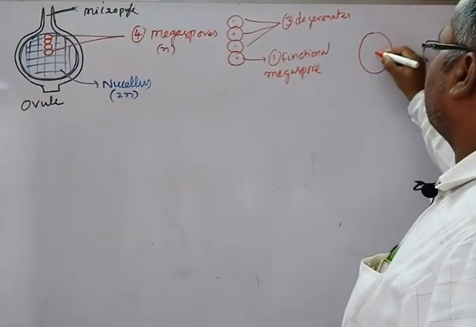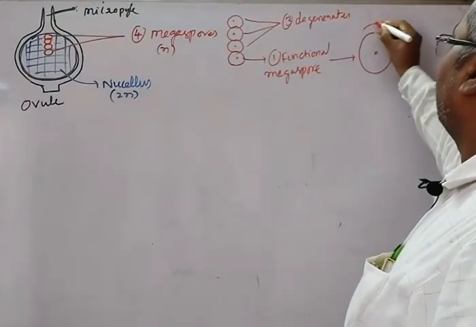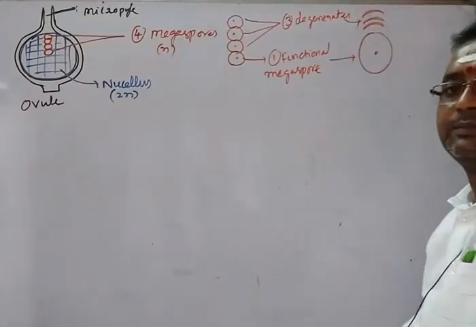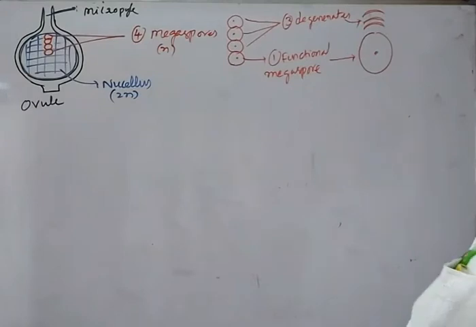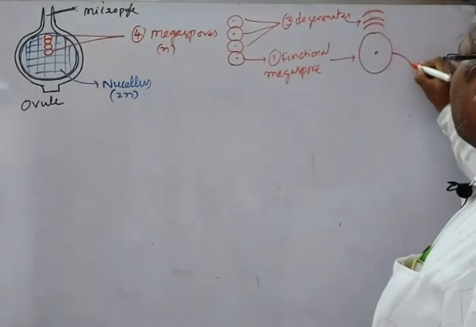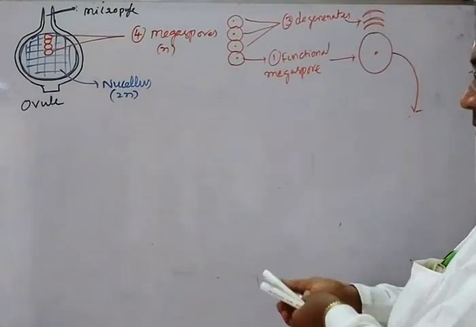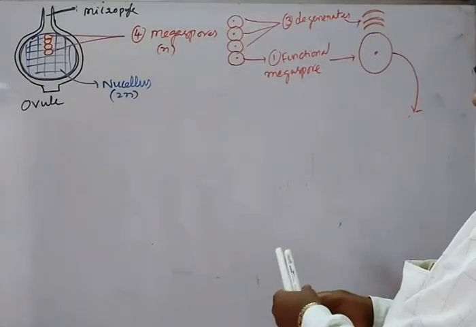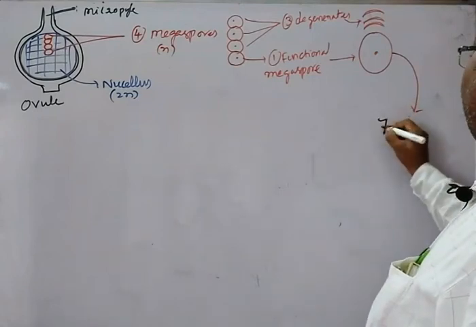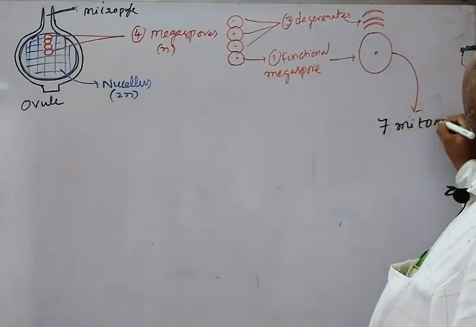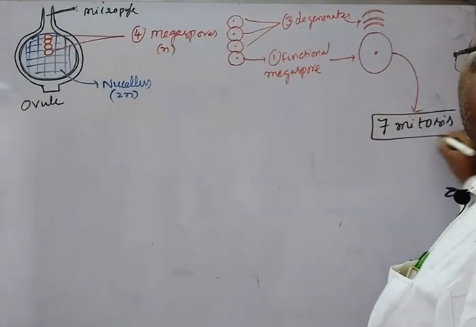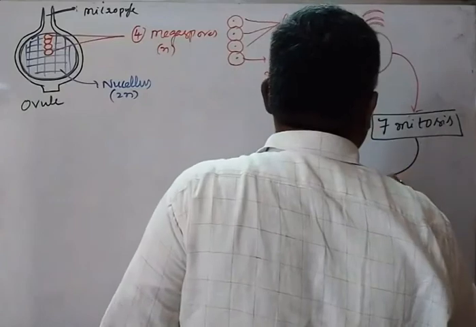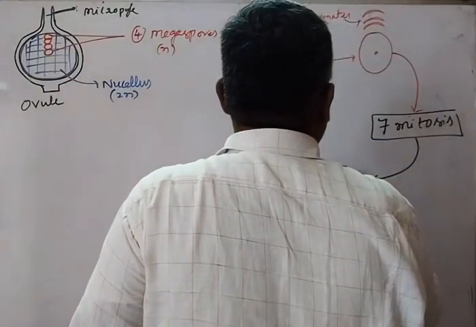Now this is the functional megaspore. Now these are the 3 degenerated megaspores. This functional megaspore undergoes 7 mitosis. How many? 7 mitosis, and gives an embryo sac.